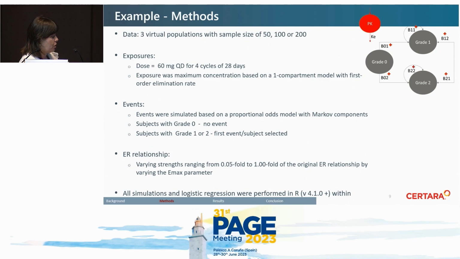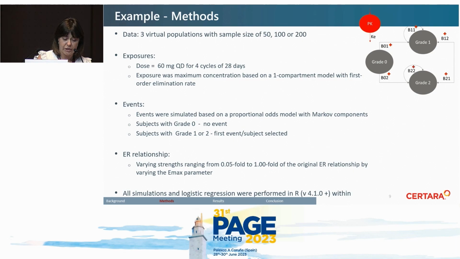You see the structure of our model up here. All subjects that ended up in our grade 0 basket here were the subjects which didn't have an event, and all subjects that ended up in the grade 1 or grade 2 compartment were the subjects grouped in the, yes, they had an event, so-called any event type group, and we used the time of the first event they had.